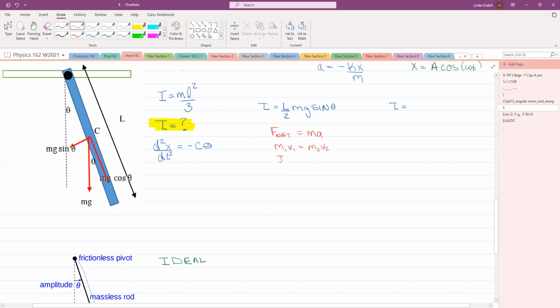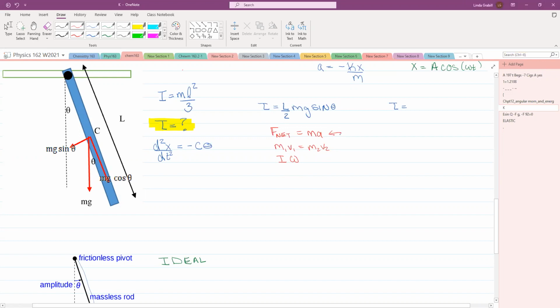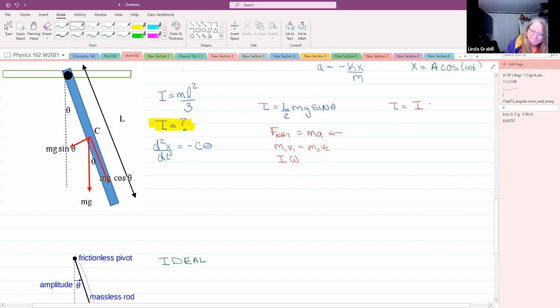And V? Omega. Yep. So can I do the same thing for force here? What's mass going to be? I. Yep. And alpha? Yep. There we go. So now we have two definitions for torque.